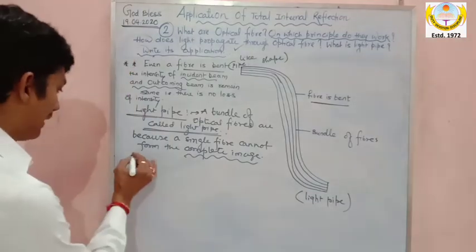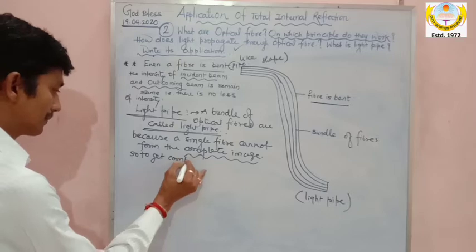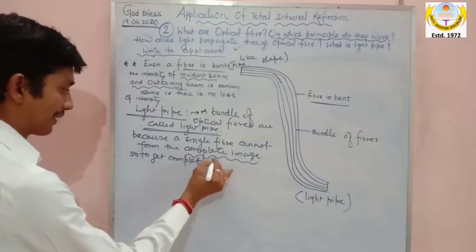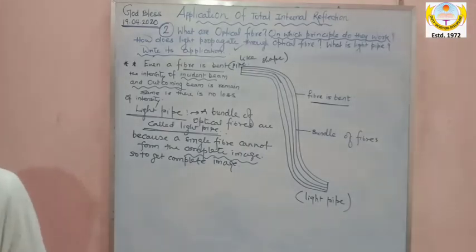So to get the complete image, what should I do? I should break the image into a number of fine dots.